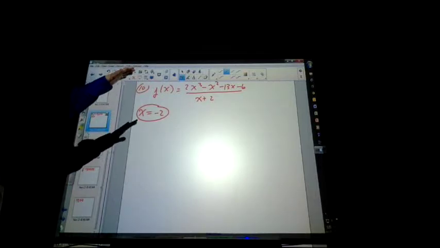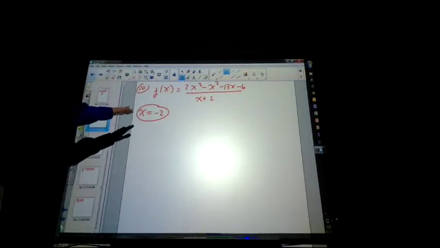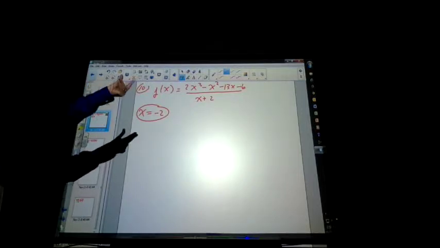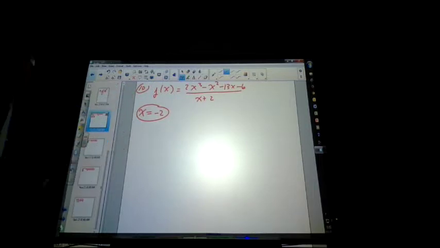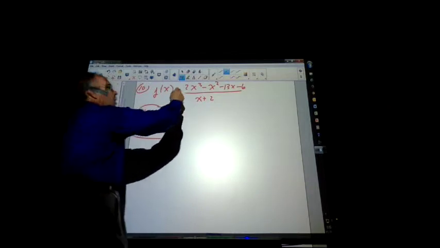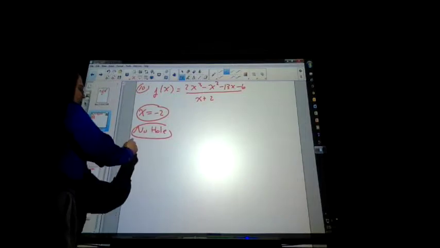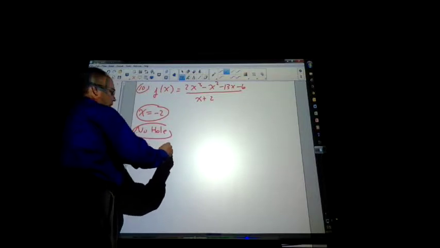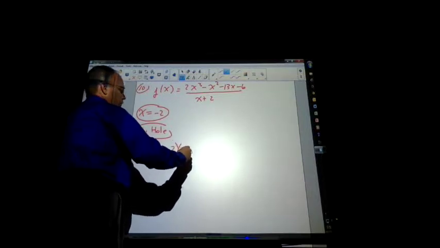If it doesn't look like it's going to factor easily, more than likely don't try to figure out if this is a hole. So I'm going to say there is no hole on this problem. I don't think x plus 2 is going to be a binomial up top. So my domain is going from -infinity to -2, and from -2 to infinity.